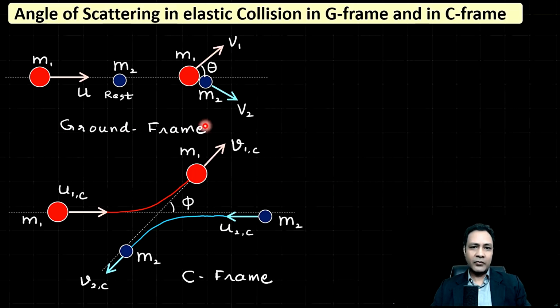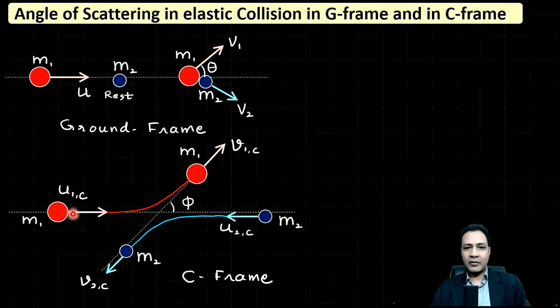The same picture, if we see from the C frame, also called the zero momentum frame, total momentum is zero, and in two particle collision, the particles always move opposite to each other. The initial velocity of m1 in the C frame is u1c, and the initial velocity of m2 is u2c.